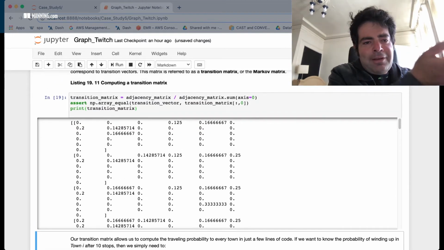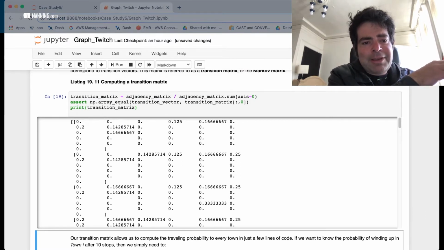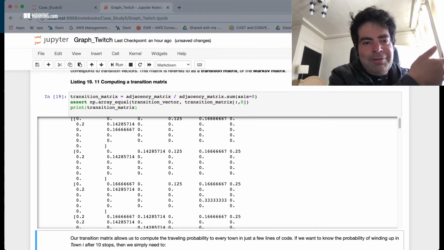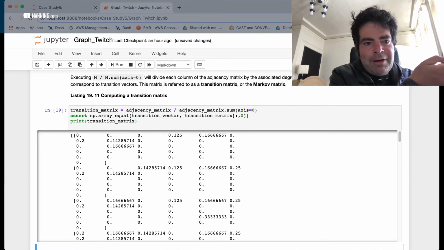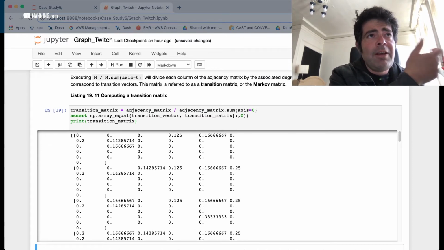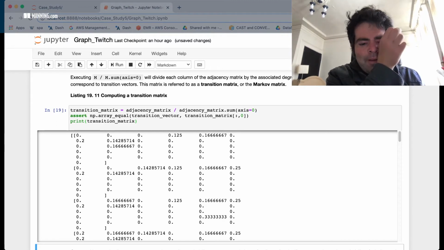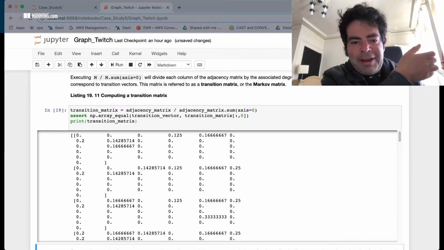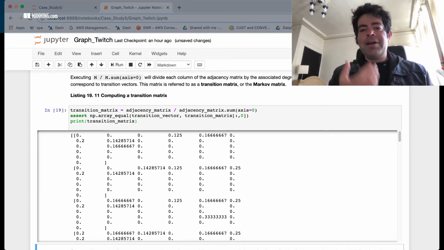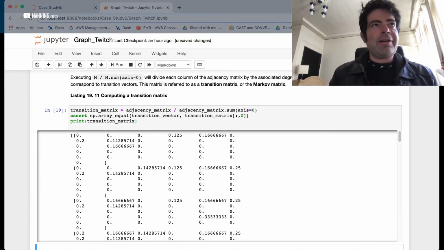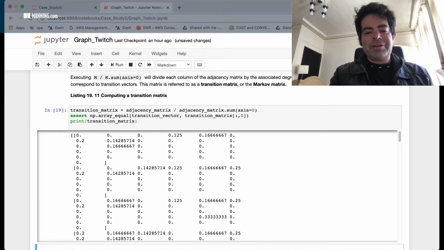And in fact, in this implementation of the matrix, each column represents the probability of transitioning from a town to its neighbors. So column 0 represents the probability of transitioning from town 0 to the neighboring towns.